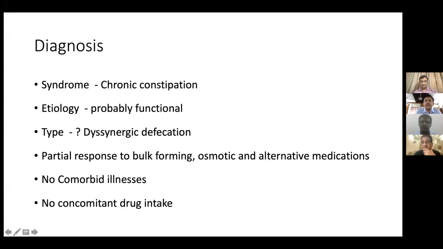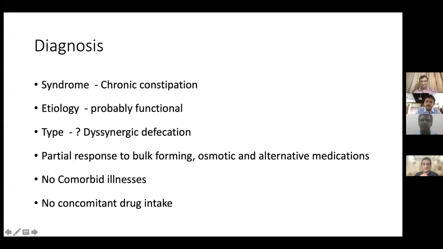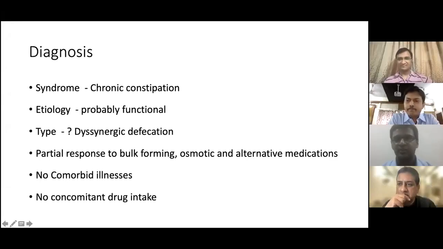Okay. There's another question also, John, which is very important, because in your history, you were saying the patient had a partial response. So the question is, how do you assess response to laxatives? Is there any definition to do that? One way we can assess is based on both the symptoms and maybe looking at the Bristol stool form scale.